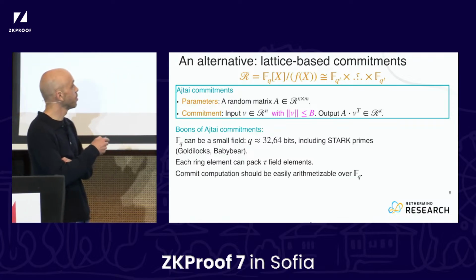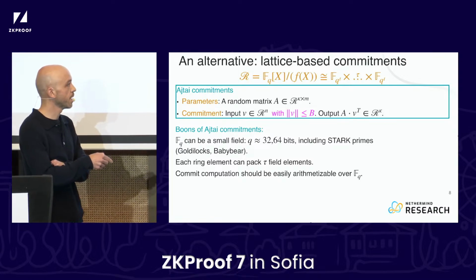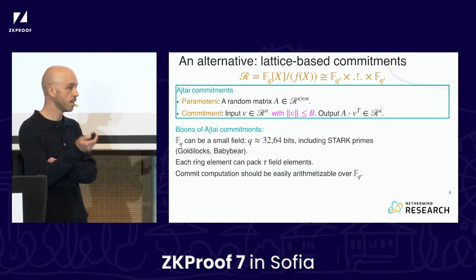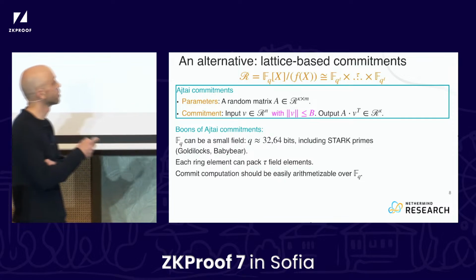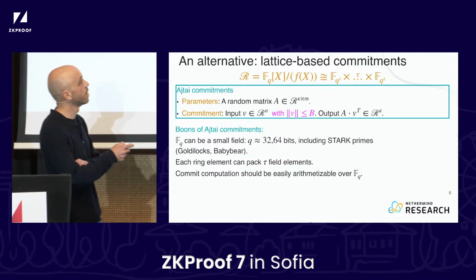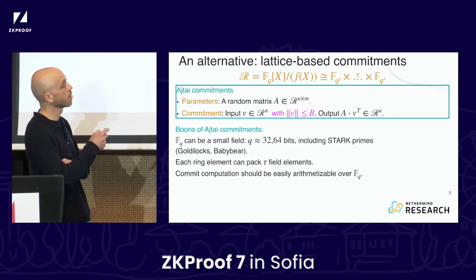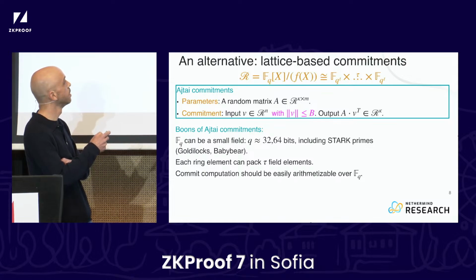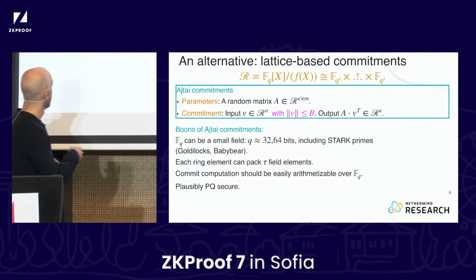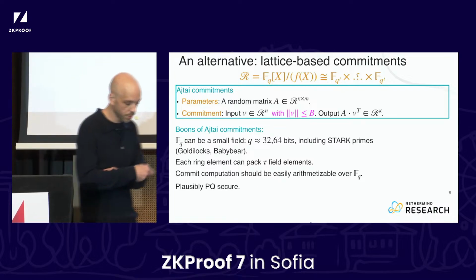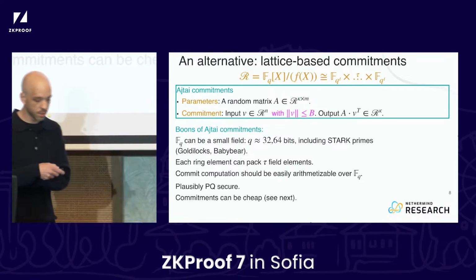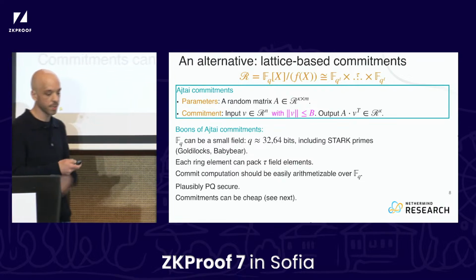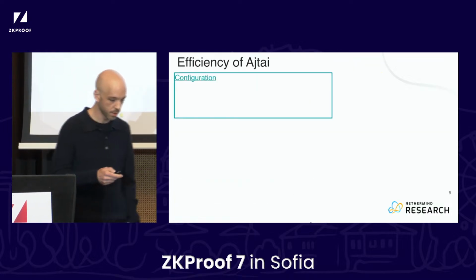The commit computation should be easier to arithmetize over the base field than Pedersen commitment, because the operations you are making are these ring operations which are quite natural over the base field Fq. It's plausibly post-quantum secure, of course, and commitments with this scheme can be cheap, as I'll discuss next.